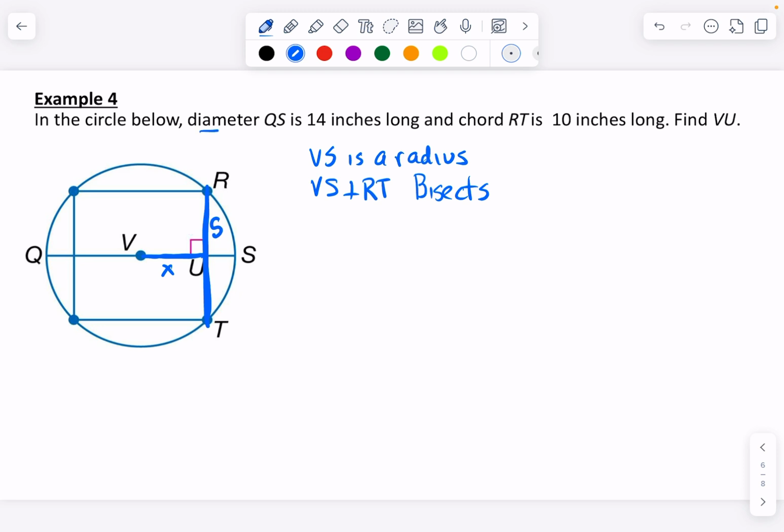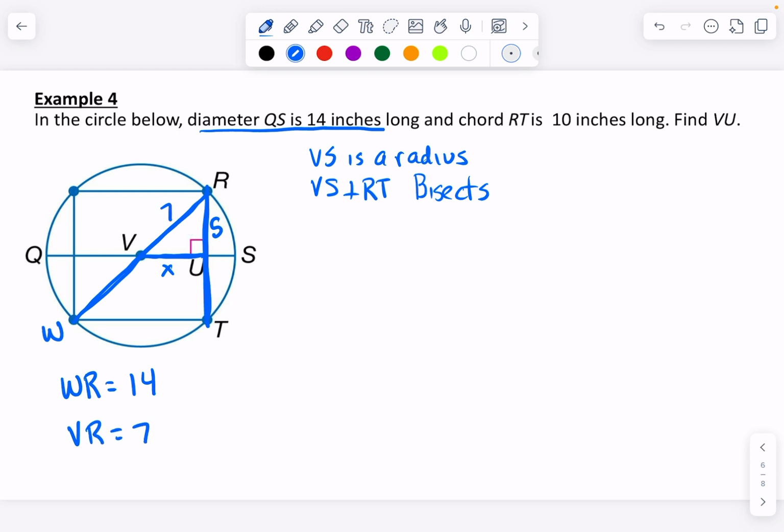Now a diameter is 14 inches. Okay, so yes, QS is one diameter. One diameter that I think students struggle with drawing in also is this whole diameter. I'm going to throw a W in here. So WR is equal to 14. My radius VR then is equal to 7.